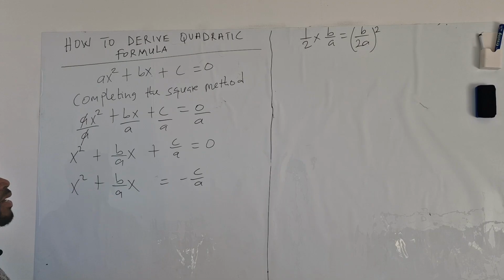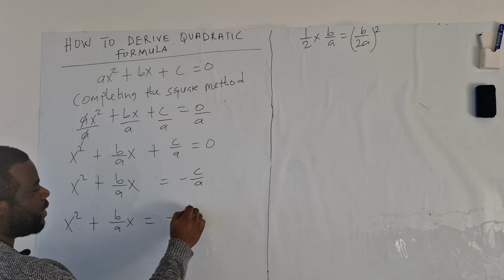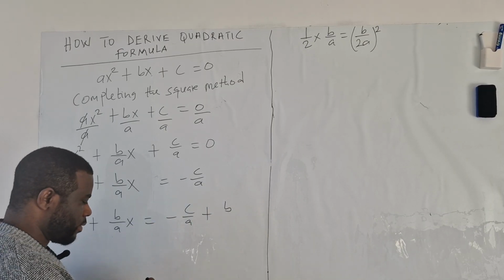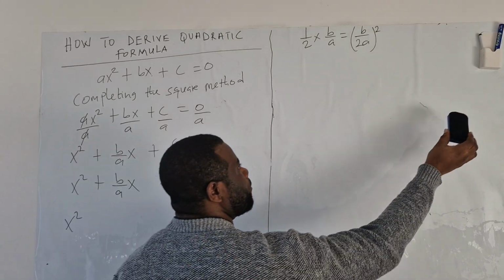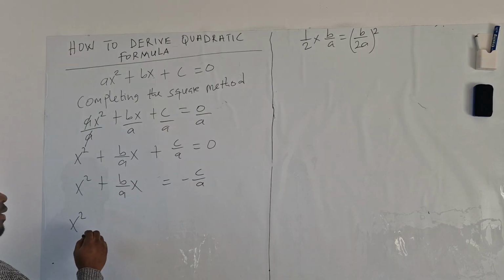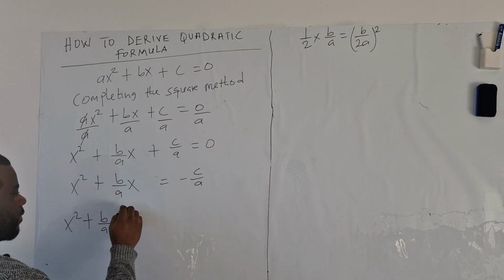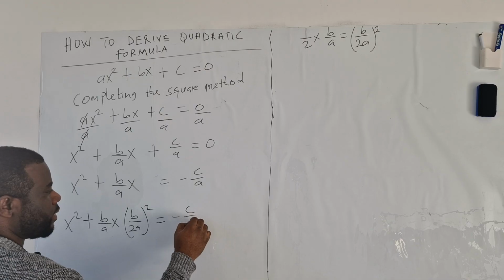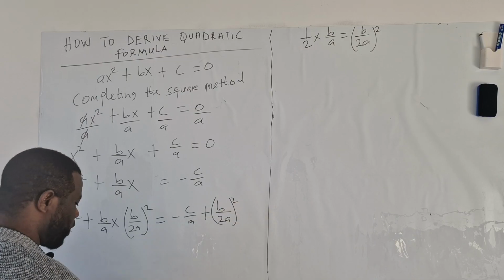So that is going to give us x squared plus b on a x plus b on 2a all squared is equal to minus c on a plus b on 2a all squared.